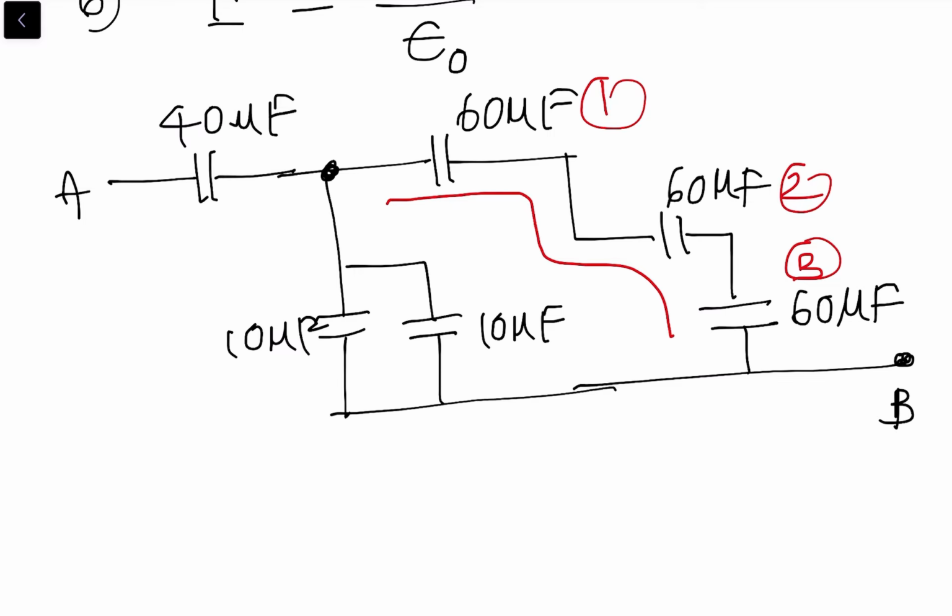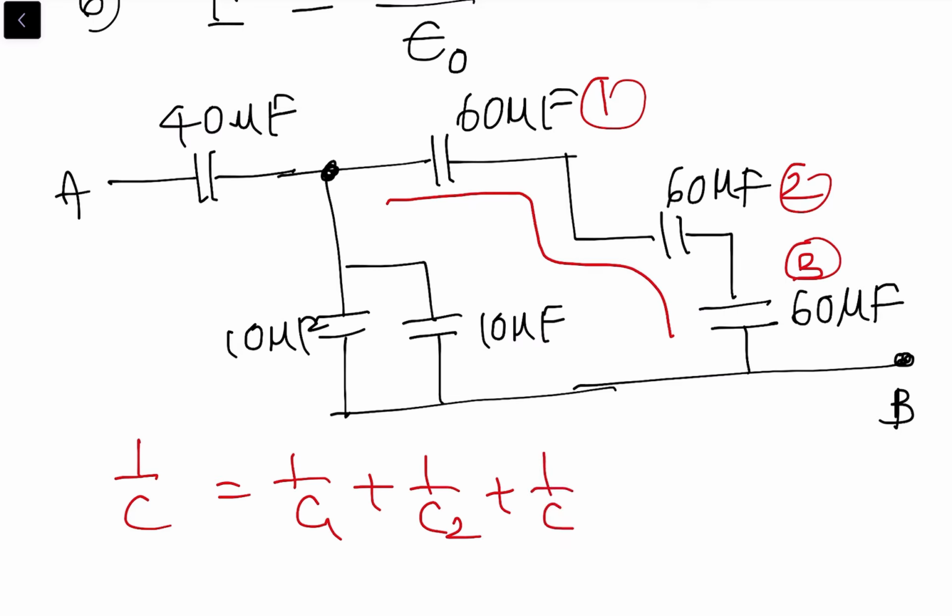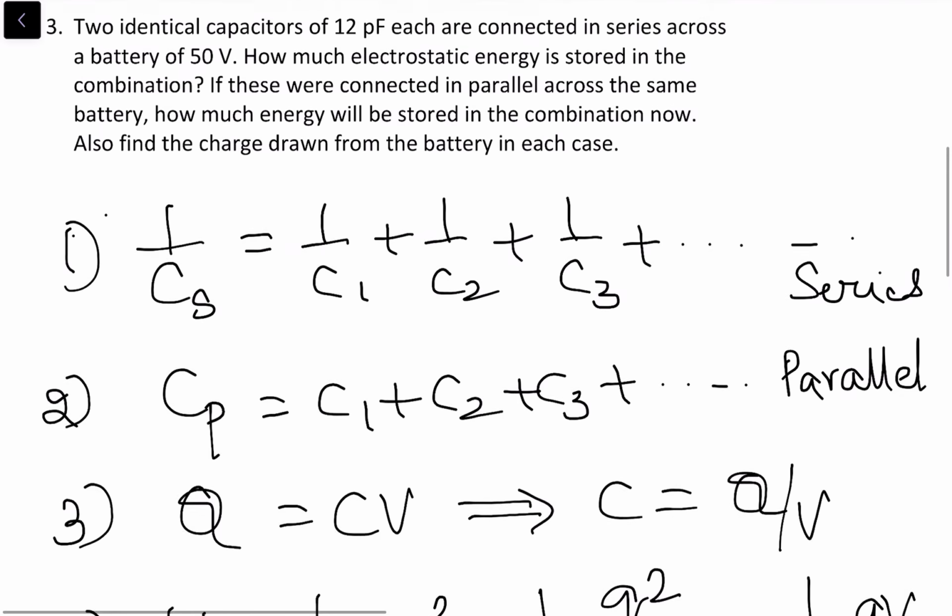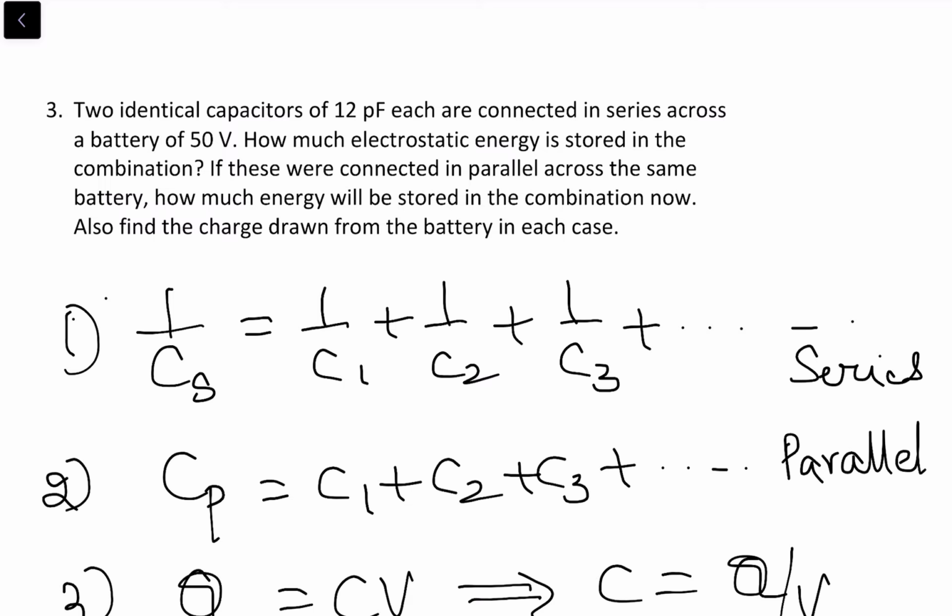When they are in series, let us find the resultant of three of them, that is 1 by C is equal to 1 by C1 plus 1 by C2 plus 1 by C3, that is 1 by 60 microfarads plus 1 by 60 microfarads plus 1 by 60 microfarads. This is the formula which I am using here.